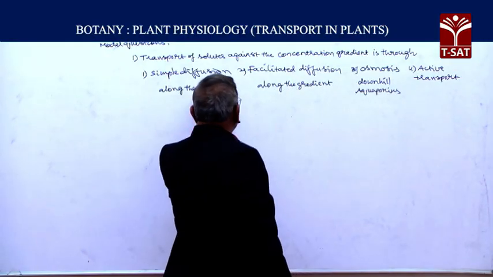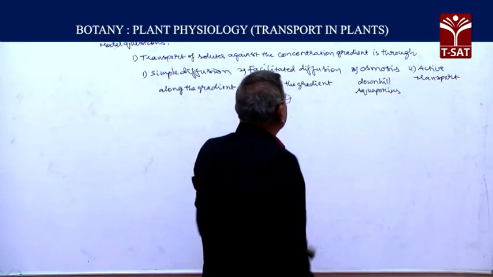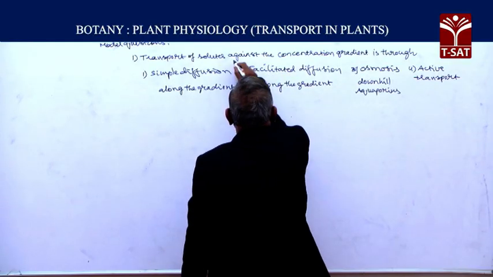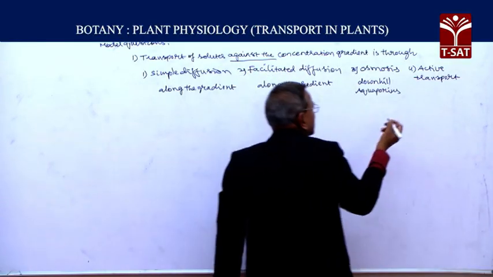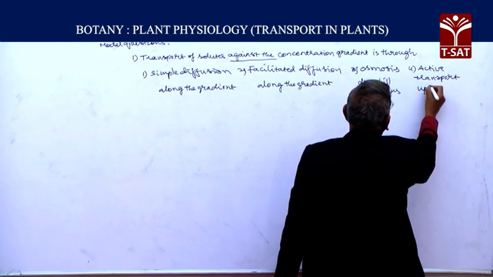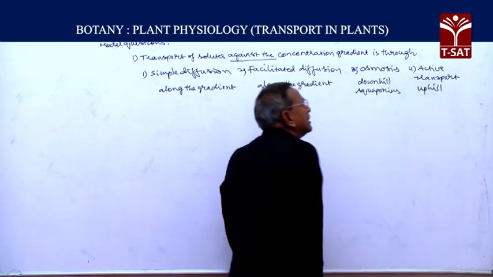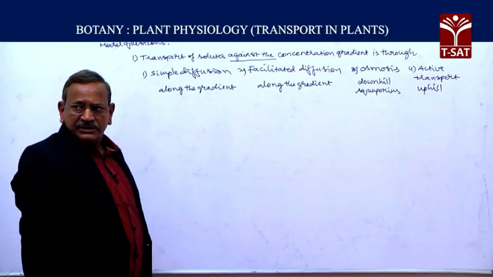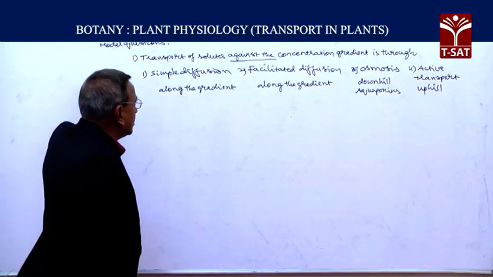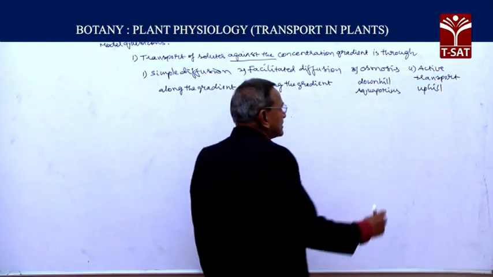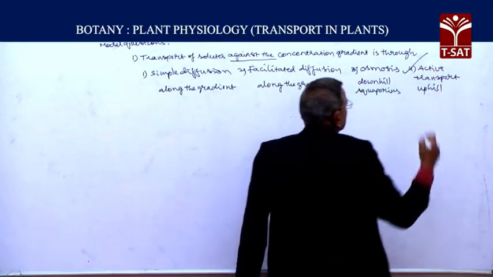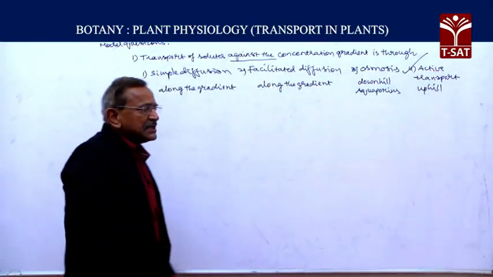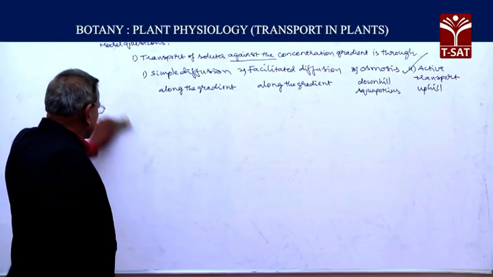So this is downhill, this is downhill, this is also downhill, and this is against concentration gradients, meaning uphill, and this is the only uphill process that requires metabolic energy. So our best answer in this case is active transport. This is against the concentration gradient.